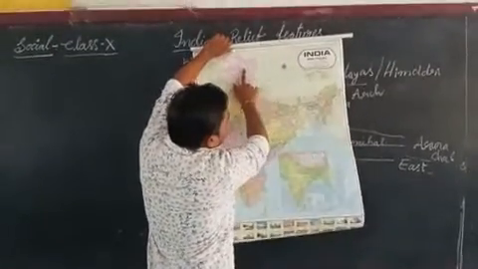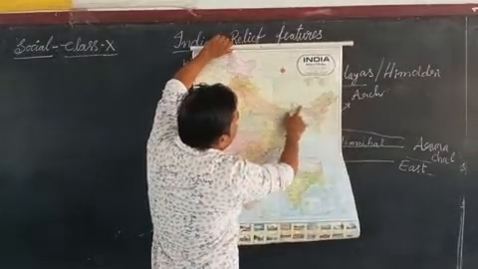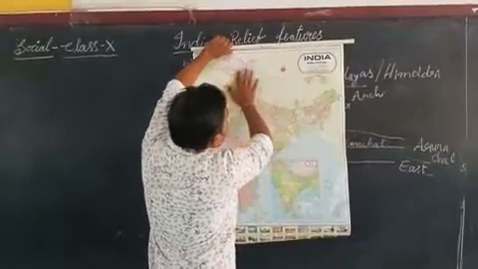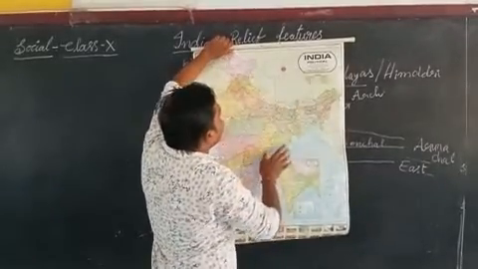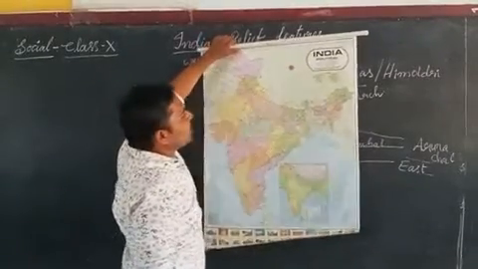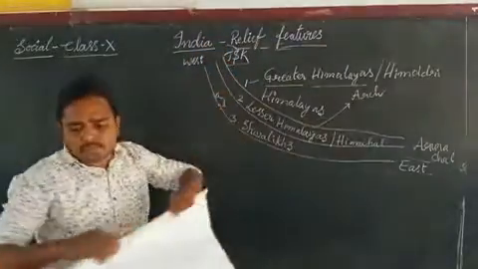In the shape of an arc, they are extended between Jammu and Kashmir and Arunachal Pradesh. The entire length of Himalayas is 2,400 kilometers.